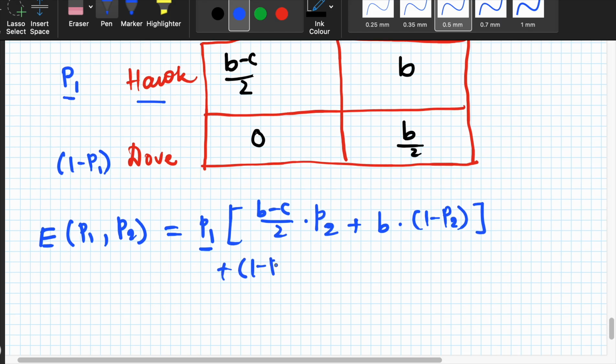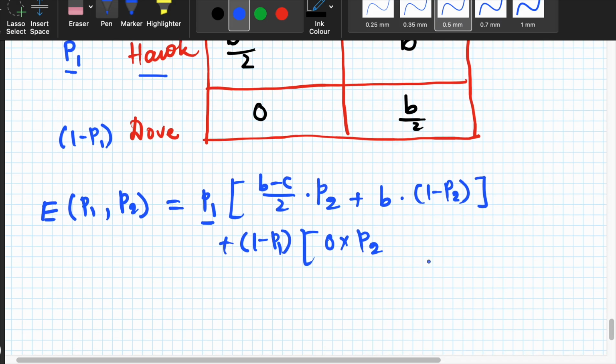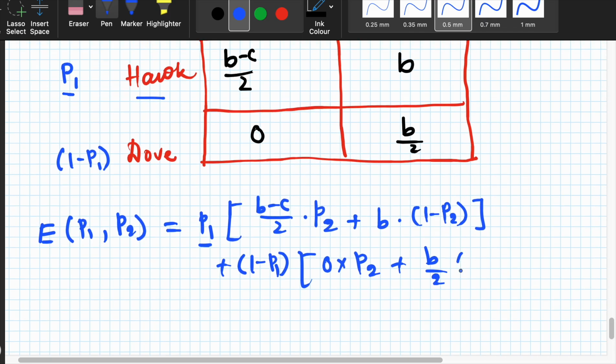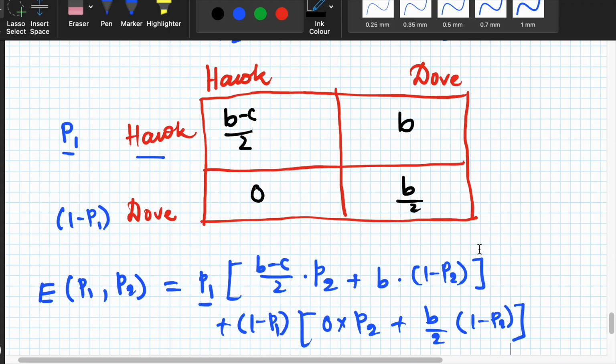Similarly, with 1 minus p1 it plays Dove: it gets 0 with probability p2, and b by 2 with probability 1 minus p2. This is the expected payoff when a p1 strategy player interacts with p2, and similarly one can calculate the p2 case.